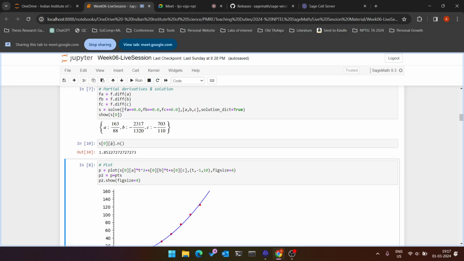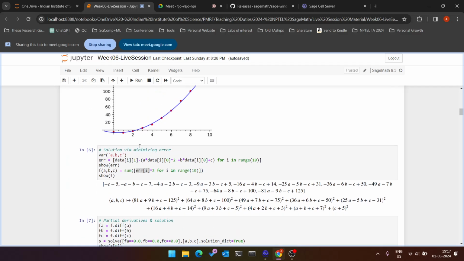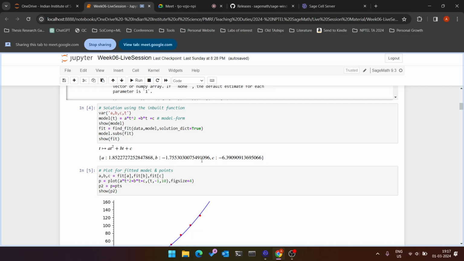You can also check for B and C, they're around the same values.